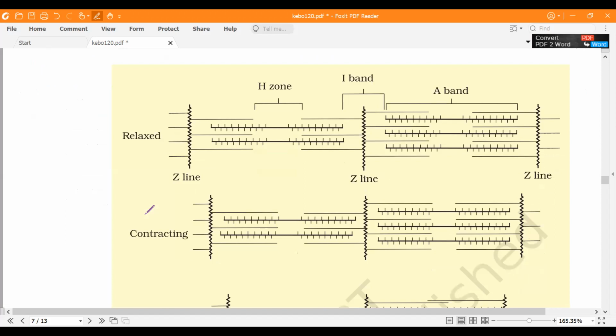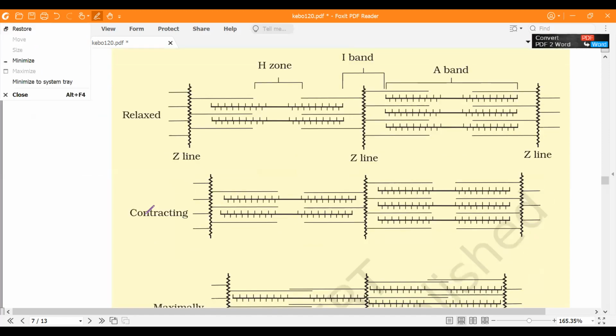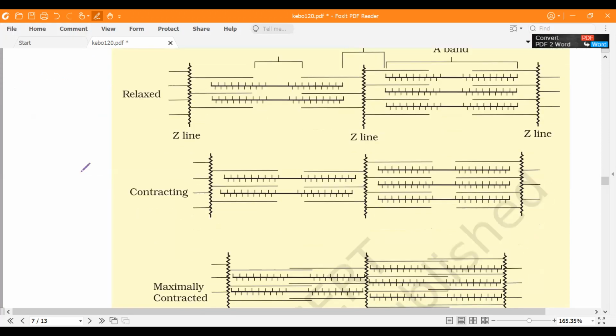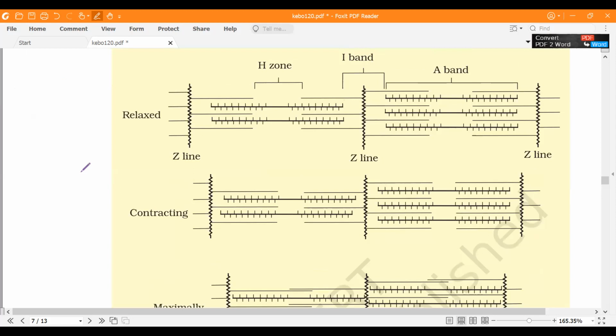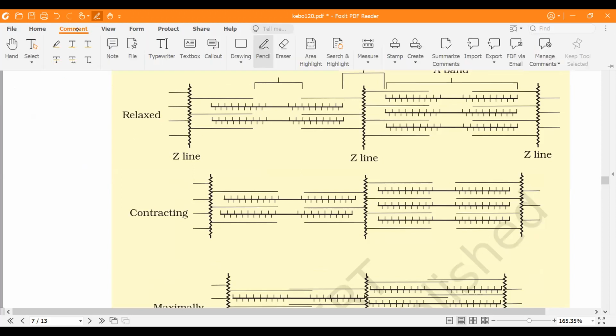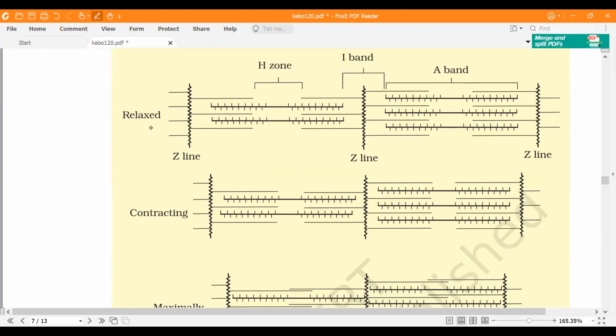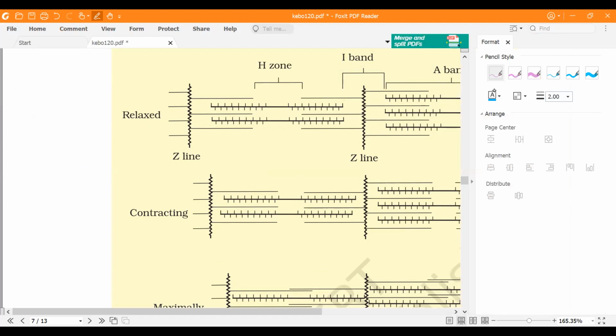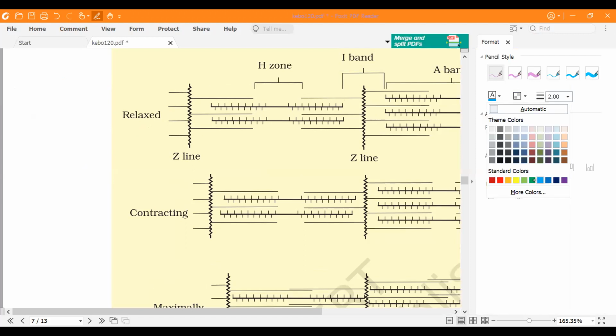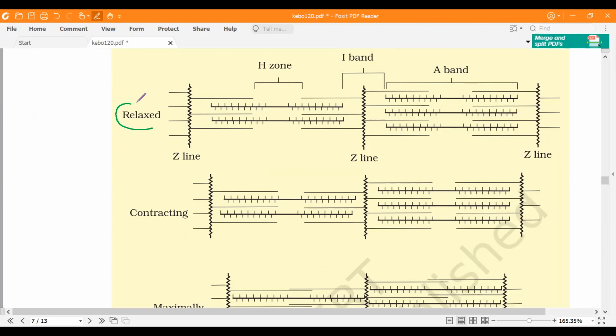If you talk about this, this is where you see the given three conditions. One is the relaxed condition of muscle.